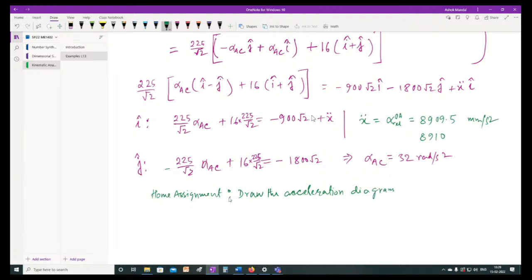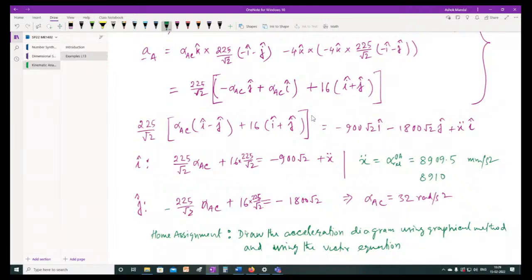Draw the acceleration diagram using graphical method and using the vector equation. Okay.